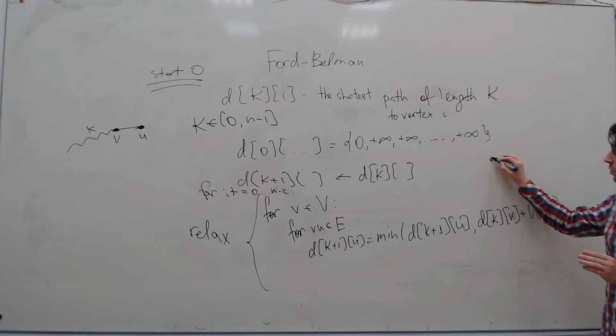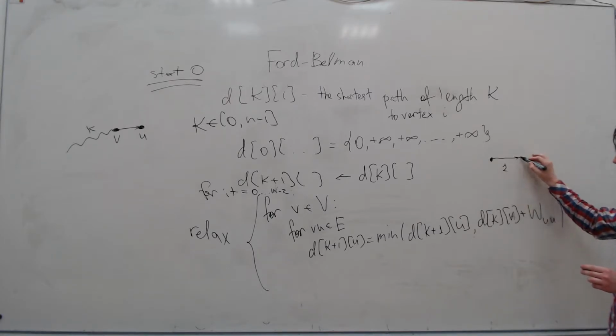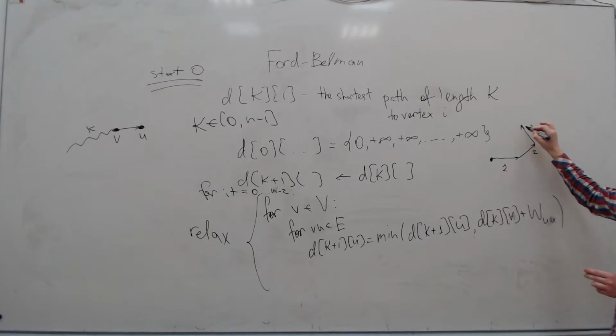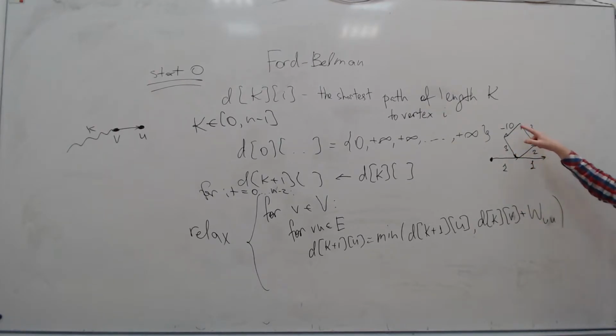You mean like if we have only one vertex or what? No, a negative cycle. This means that, for example, this is 1, this is 2, this is 3, this is minus 10, this is 3 also, and 1 out. The problem is that this vertex doesn't have a shortest path to it, because we can go to the cycle and go over the cycle many times, and then we go to the end vertex.